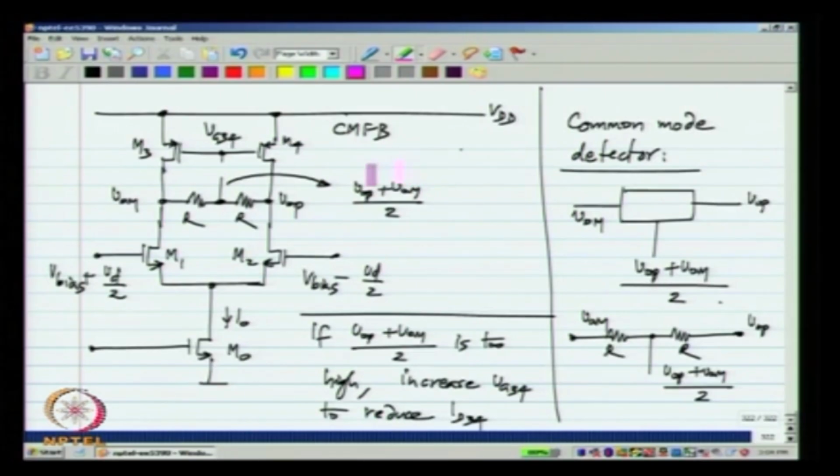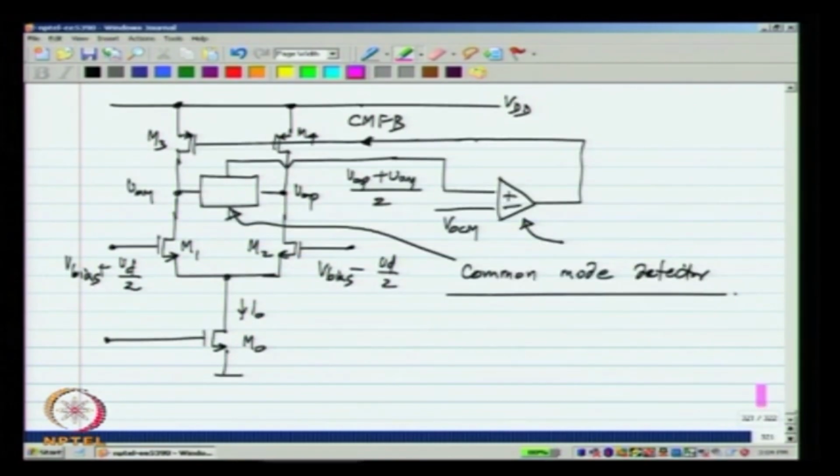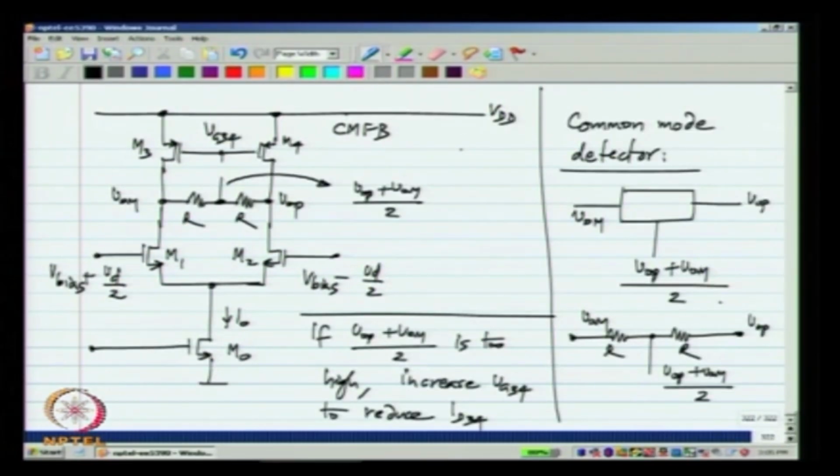Similarly, the incremental gain required from this point to that point is positive. As you can see here, if the detected common mode voltage is too high, the common mode feedback also must be high. Similarly, if this is too low, the common mode feedback also must be low. And the simplest way to arrange that is to connect the two together.